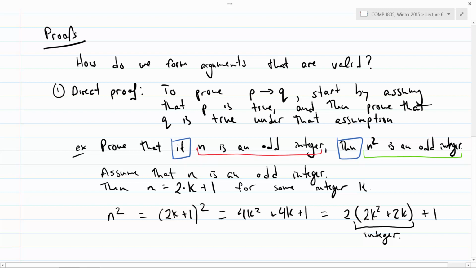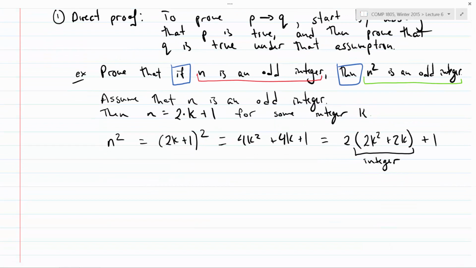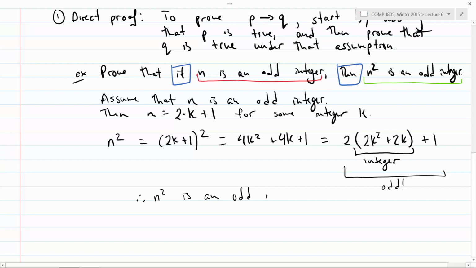So this says that n squared has the form 2 times an integer plus 1. So what does that mean? It means it's odd. So therefore, n squared is an odd integer.